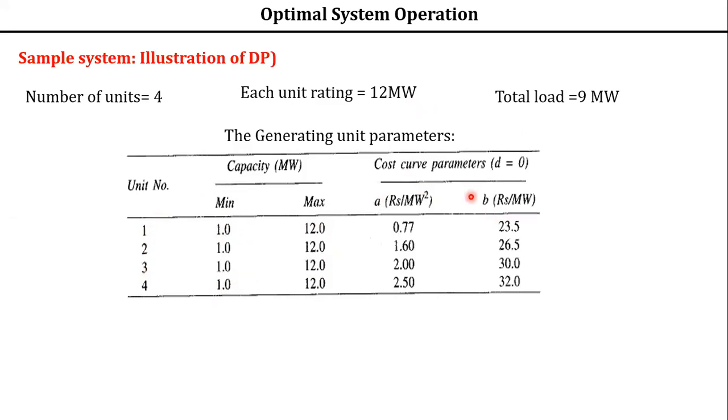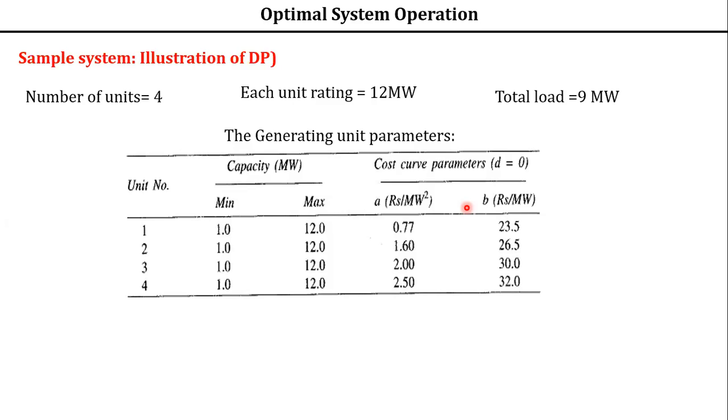And the cost curve parameters: in the earlier class, I had taken the cost curve coefficients as alpha, beta, gamma, isn't it? But here I am considering A, B, D. Understood? That is, for PGi squared, the coefficient will be Ai.